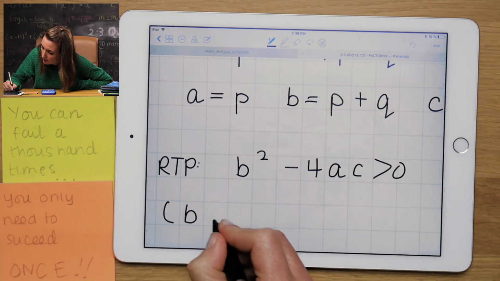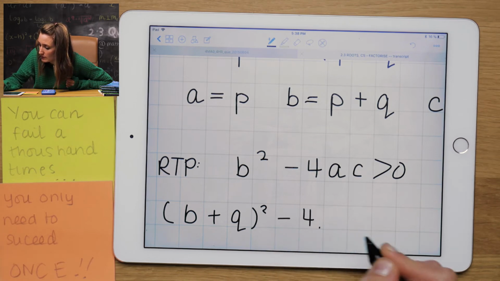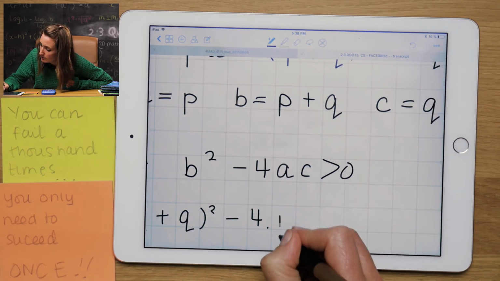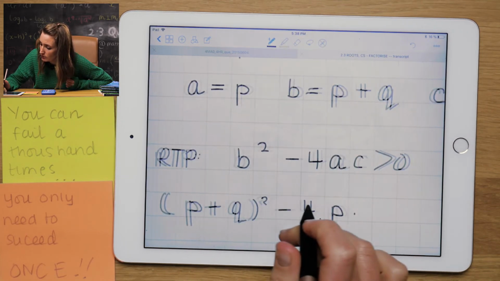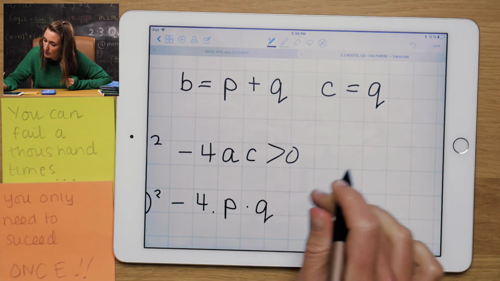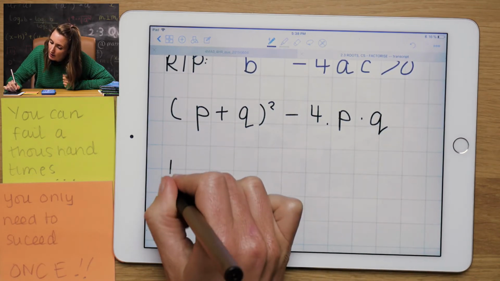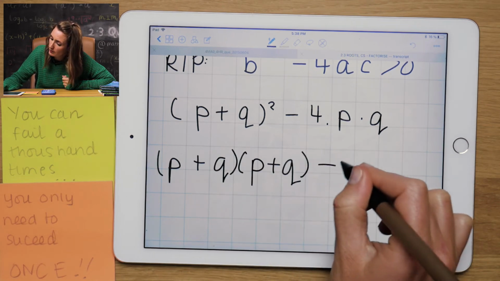This is (p plus q) squared minus 4 times a, which is p, times c, which is q. So I have to show that's a positive number. If I multiply this out, that will be minus 4pq.